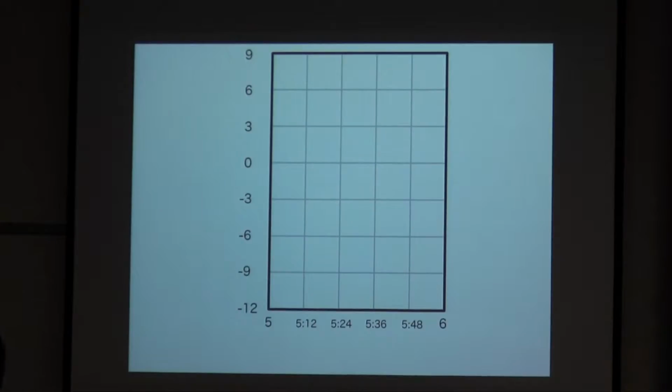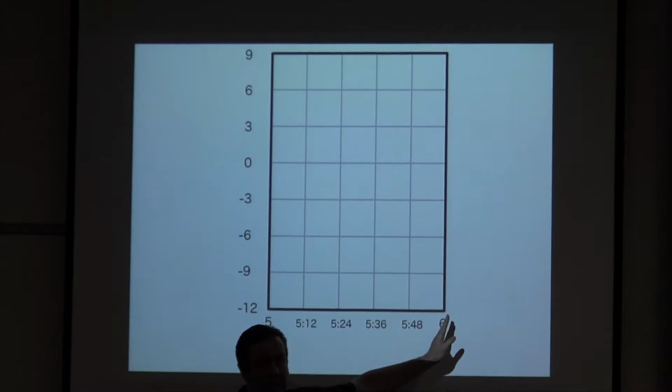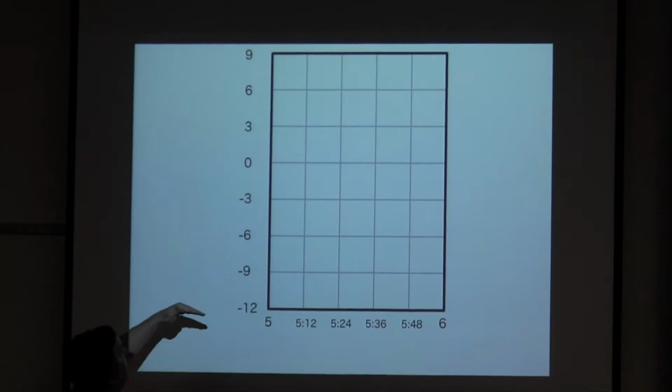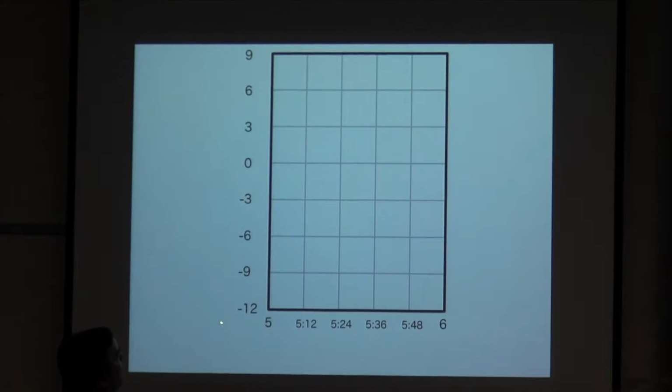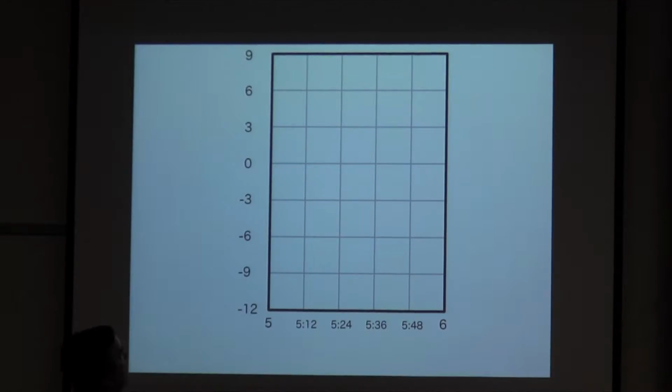We basically go from about 5 hours in right ascension to about 6 hours in right ascension. Making it easy, we go from minus 12 in declination to plus 9 in declination, because we had about minus 10 to plus 8.